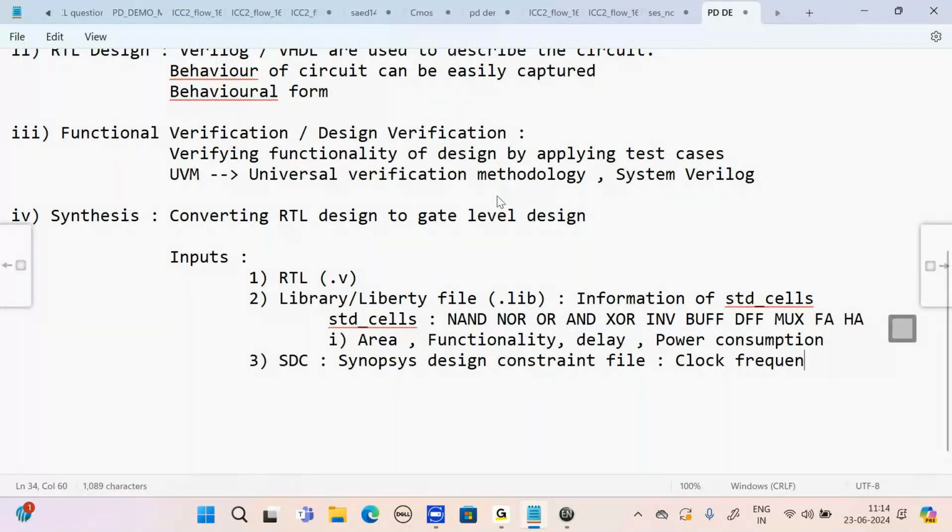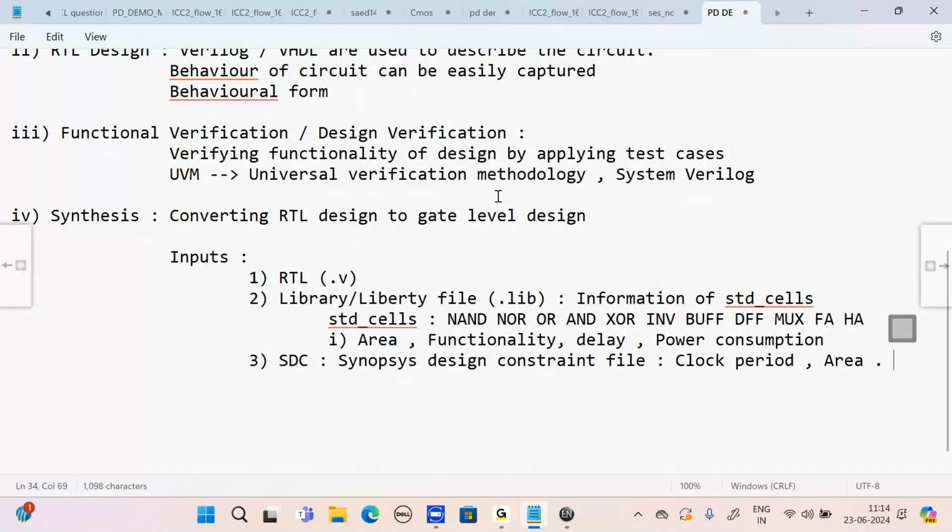The design should work with this clock frequency. So clock frequency, mainly clock period, is mentioned here. Clock period. You can also put some area constraints. The design should have maximum this much area. The sum of all the cells' area should not exceed this much area.